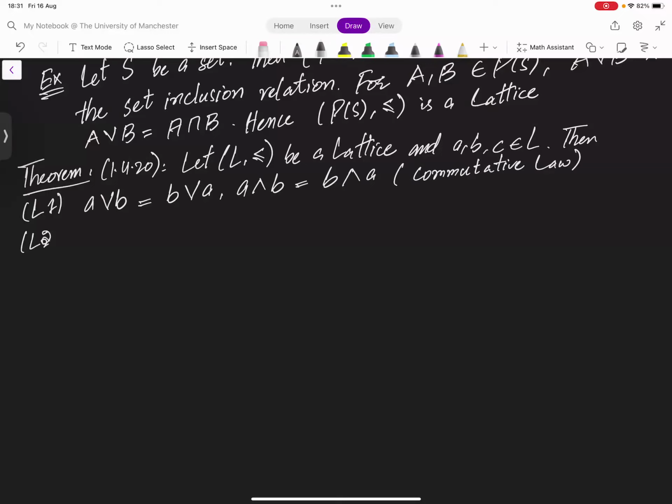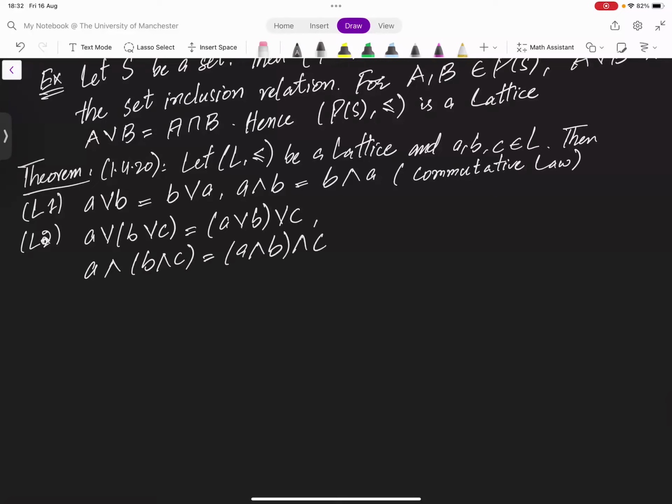L2: A least upper bound B least upper bound C is A least upper bound B least upper bound C. Similarly, A greatest lower bound B greatest lower bound C is A greatest lower bound B greatest lower bound C, and this is the associative property or laws.